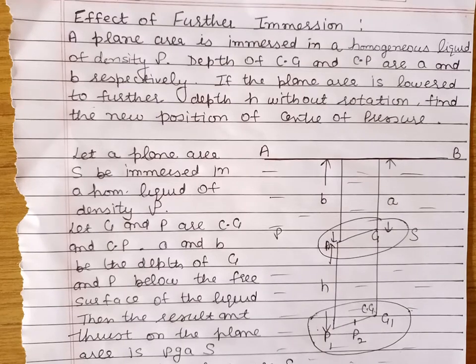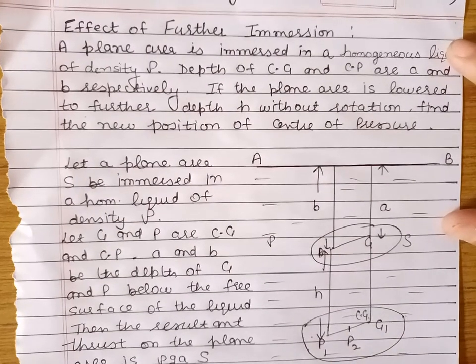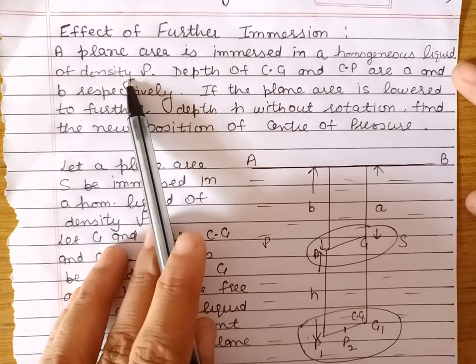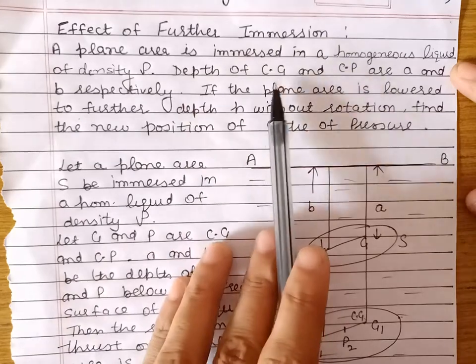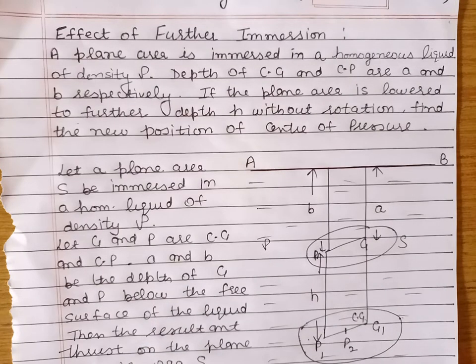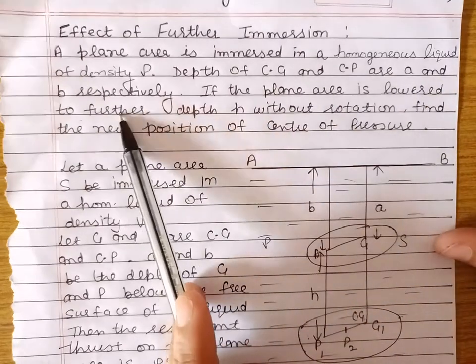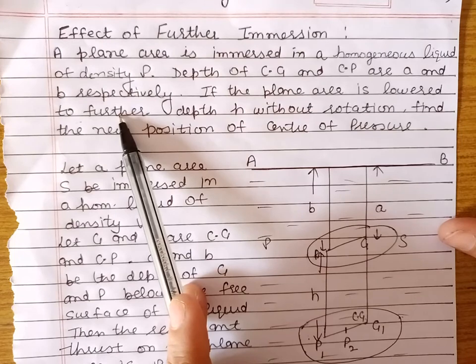Good morning, students. In today's lecture, we will discuss the effect of further immersion. If we are given a plane area immersed in a homogeneous liquid having the density rho, the depth of center of gravity and center of pressure below the free surface are given to be A and B respectively.